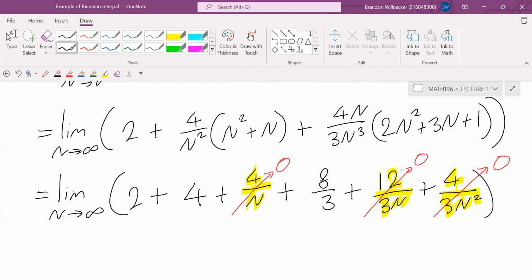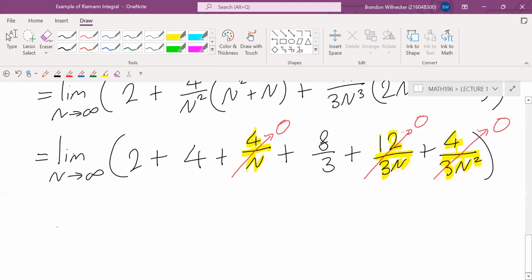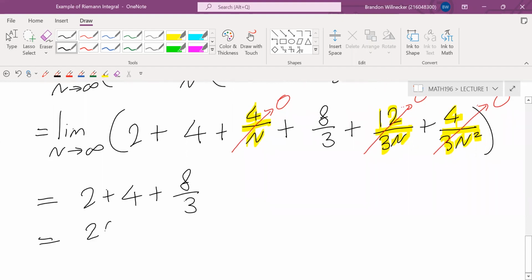Okay, so we've taken the limit. What is left over? So the leftover is going to be 2 plus 4 plus 8 over 3. Okay, and we can add these up, and we're going to get 26 over 3.